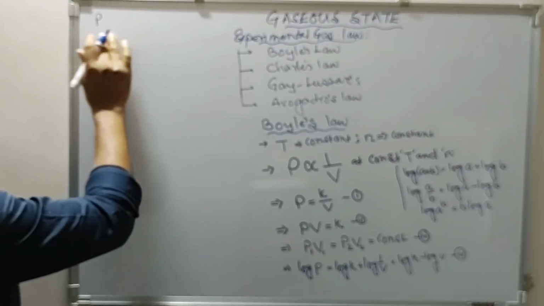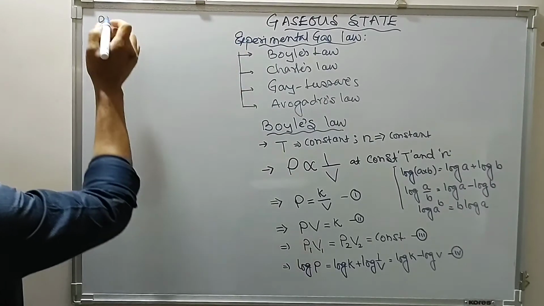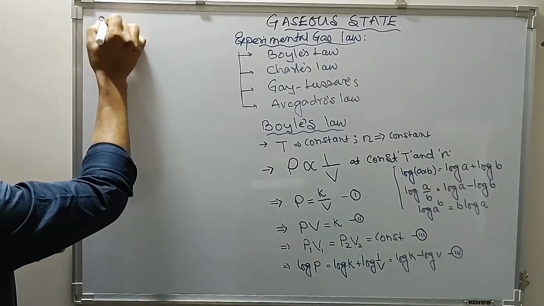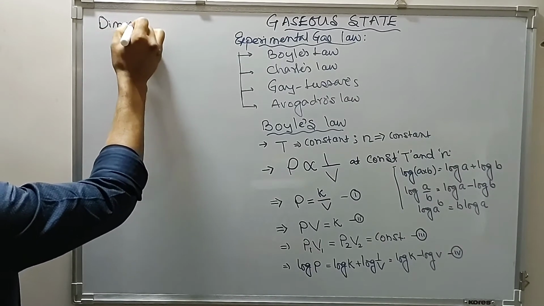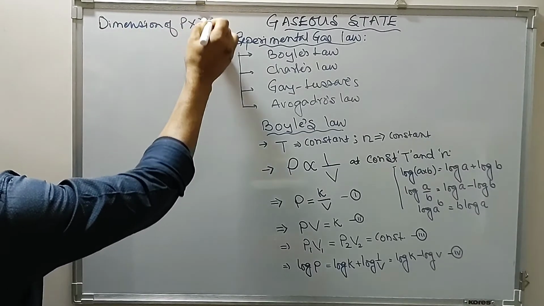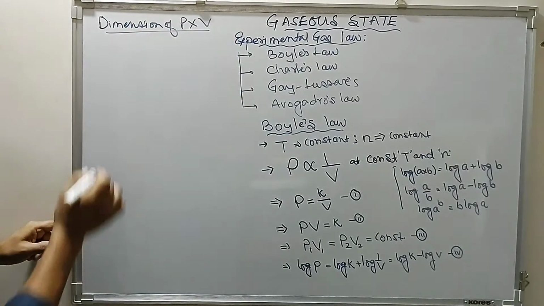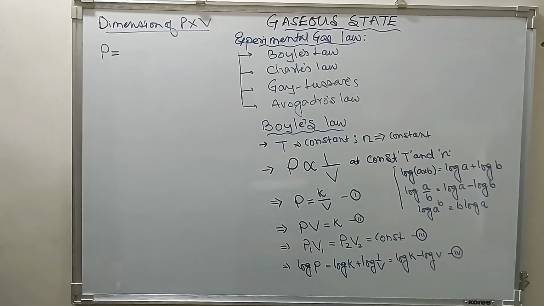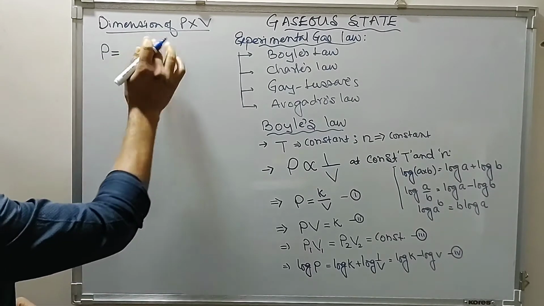So look at this, the dimension of pressure into volume. We define pressure: pressure is force per unit area.